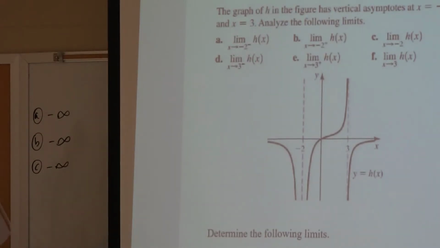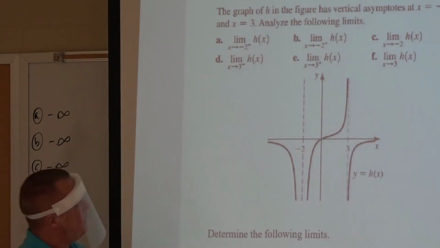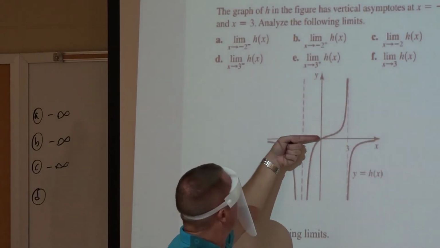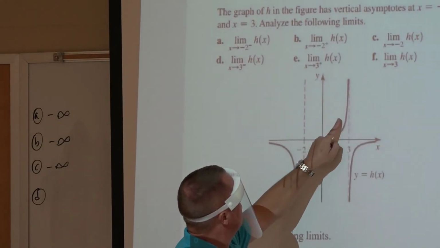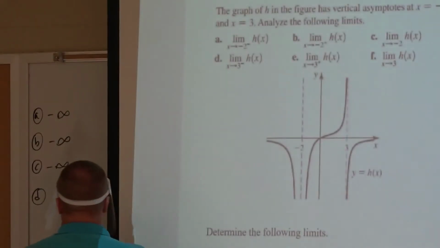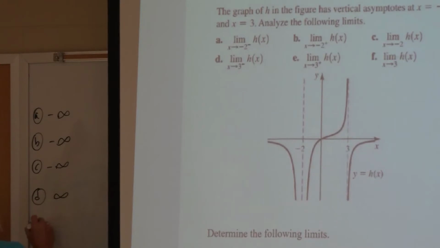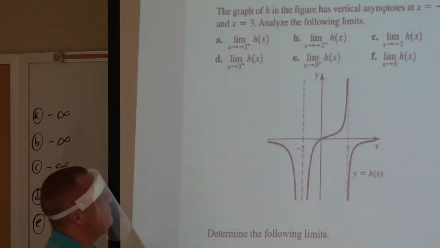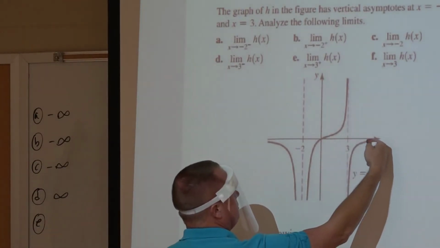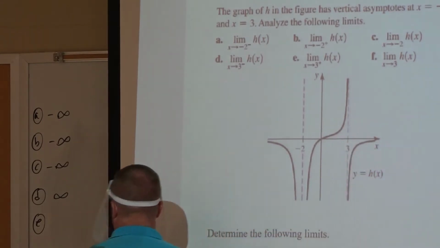Now notice the difference with D, E, and F. With D, as it approaches 3 from the left, what's it doing? Positive infinity. As it approaches 3 from the right, it's approaching negative infinity.